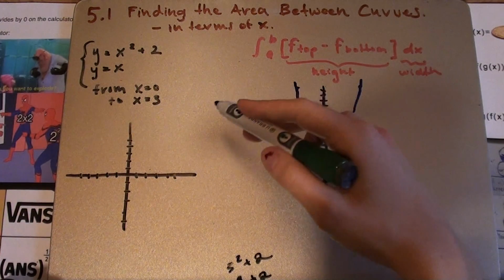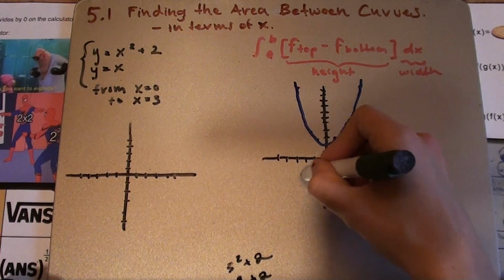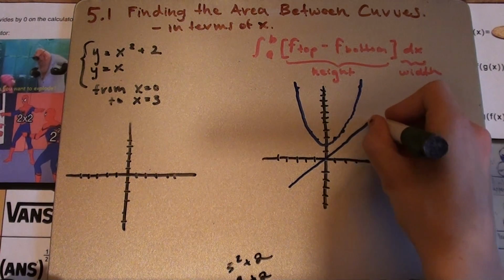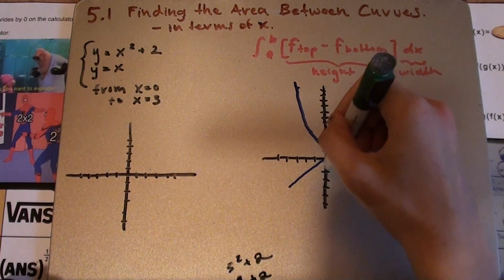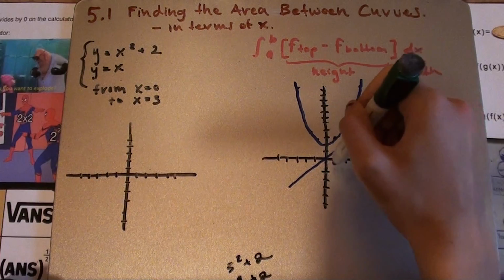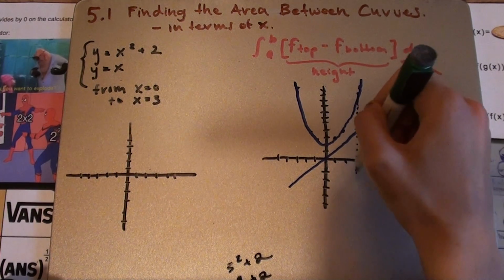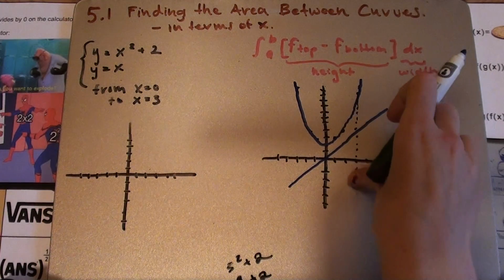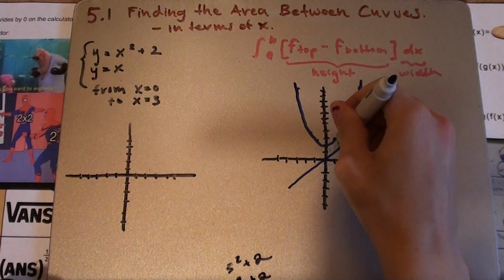And our other graph is y equals x, so that's just going to be the diagonal line like this. And then we're trying to find between when x equals 0, so that's our axis right there, and when x equals 3, which is this guy right here. So what we're trying to find is this area in between here.